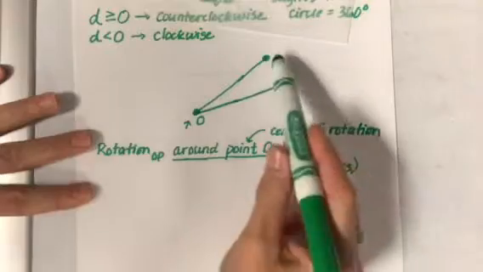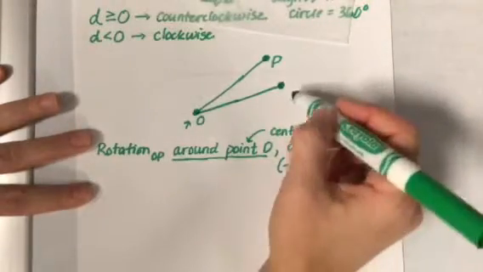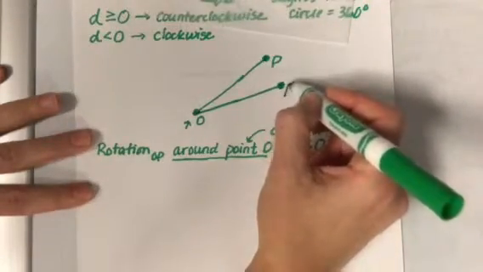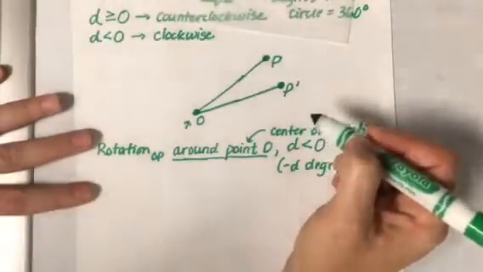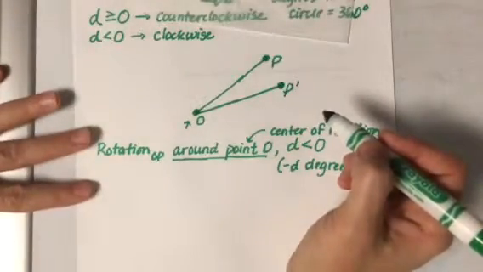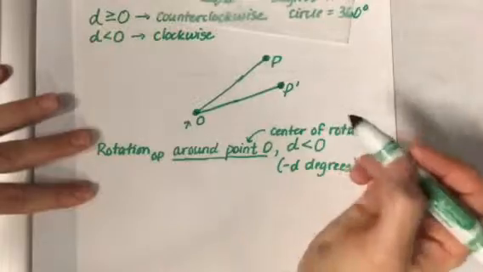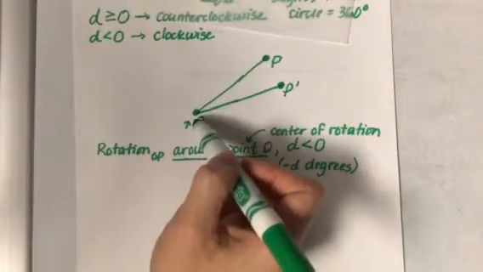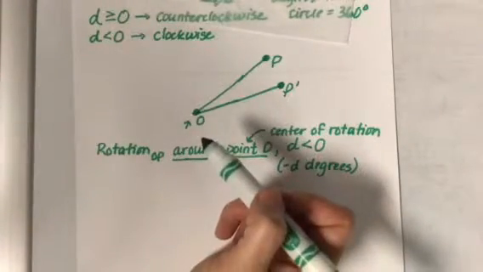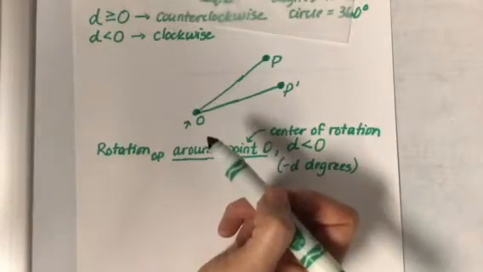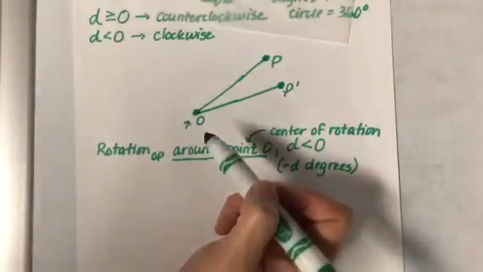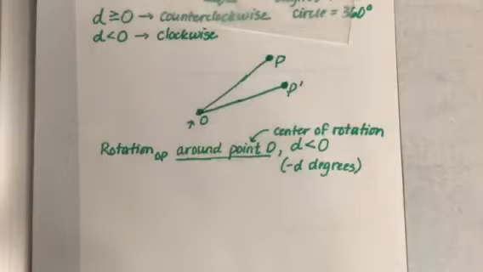Well, if the original was P, what would the new image be? P prime. Okay. And point O didn't move, so we'll just leave it O. And we're done with that one.